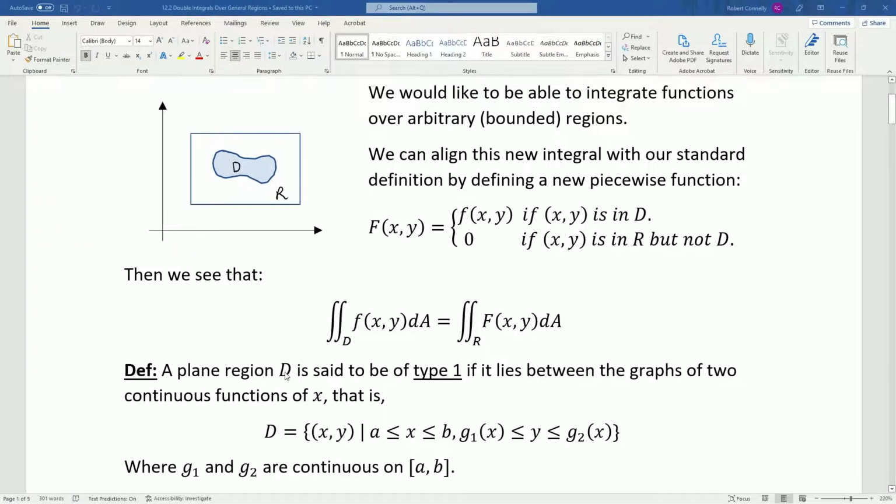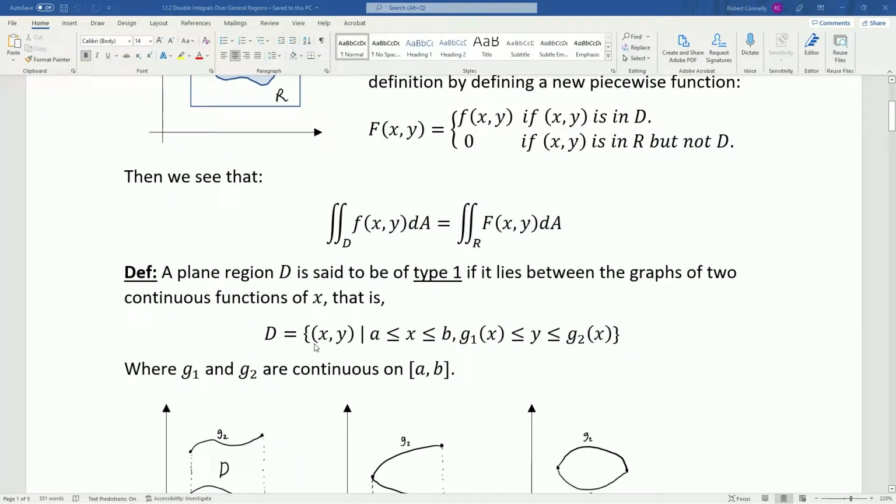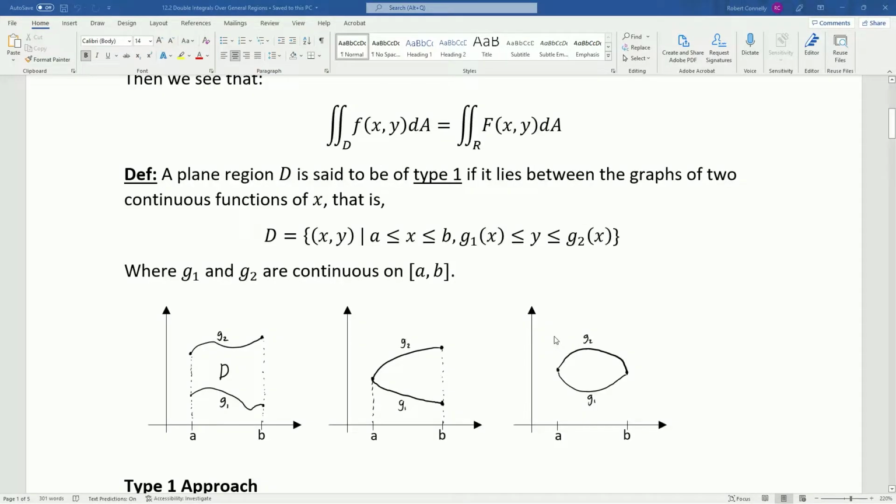So, definition: a plane region D is said to be of type 1 if it lies between the graphs of two continuous functions of x. That is, the region D is the set of points x, y such that x is between a and b, but each y coordinate is between a function g1 of x and g2 of x.